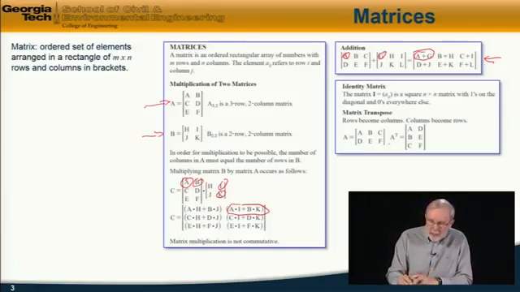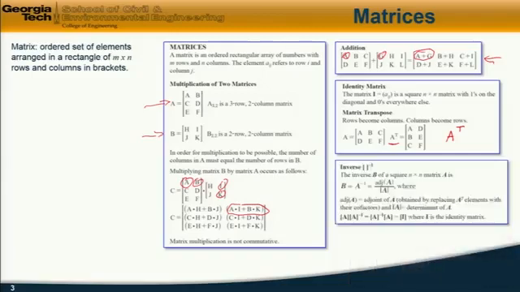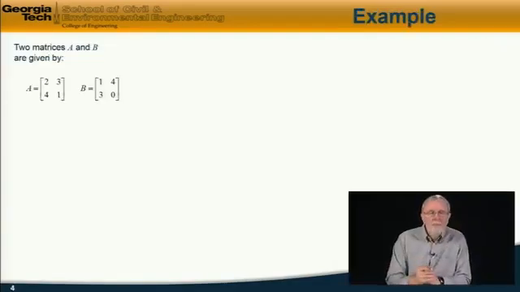To transpose a matrix, we simply reverse it: the rows become columns and the columns become rows, and the transpose matrix we usually denote by A superscript T. And finally, we have the inverse of a matrix. A to the minus 1 is the adjoint of the matrix divided by the determinant of the matrix. But again, I give these definitions for completeness, but I doubt that they will arise in the actual exam.